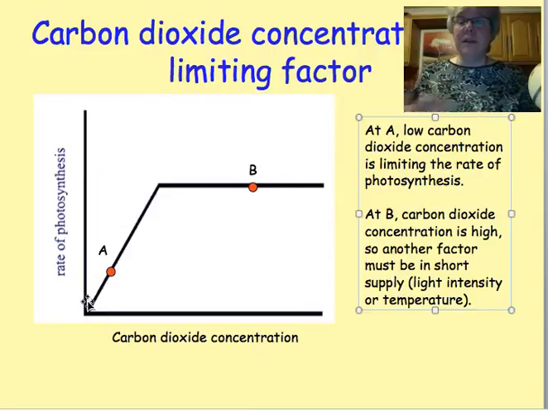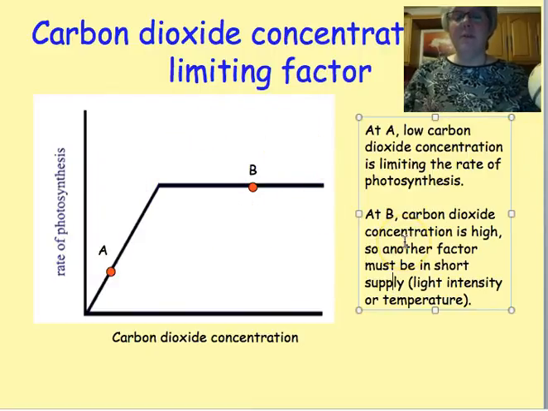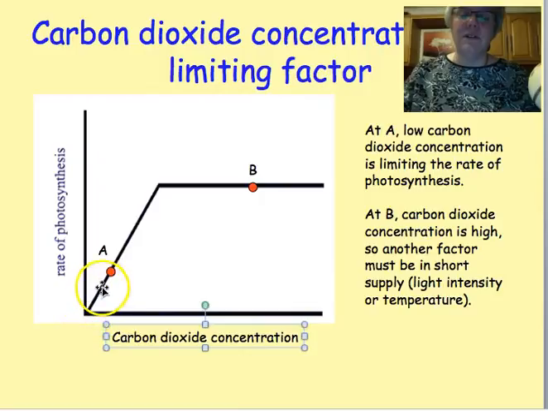Now all the exam questions will be based around this idea of what is limiting photosynthesis at this point on the graph, or what is limiting photosynthesis along this point on the graph. And the rule, remember, is that whatever is on the x-axis is what is limiting photosynthesis at this point on the slope.